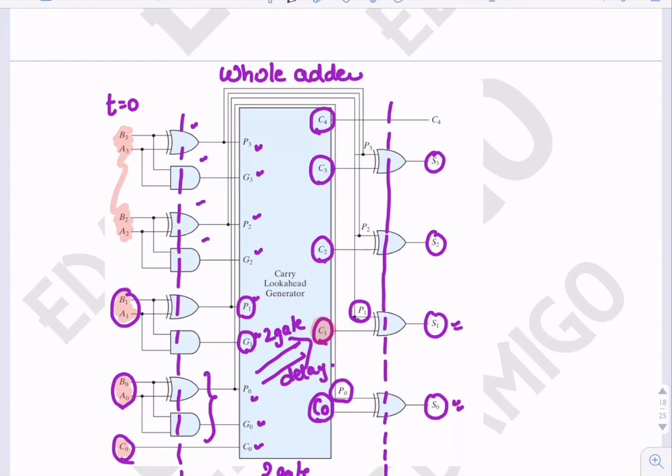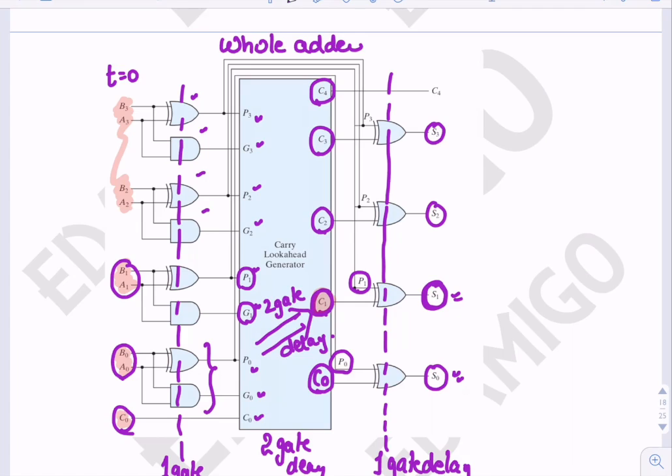There are two gate delays from the inputs Pi, Gi to get the carry output. So C1 is available after two gate delays, and S1 takes one more gate delay. So the total delay here is four gate delays.